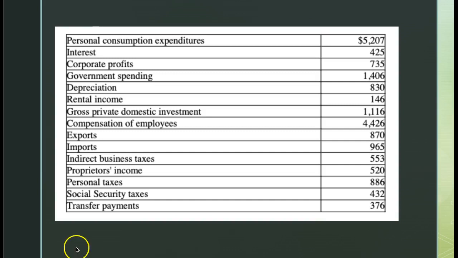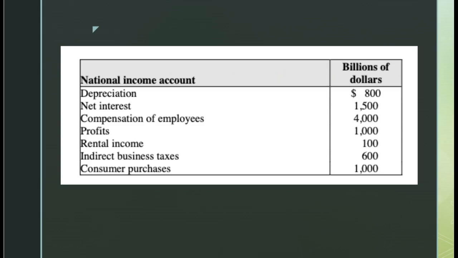The next chart that we'll look at is on this one. This chart is going over basically the gross domestic product and product data. Here we're trying to figure out the national income, in billions of dollars.